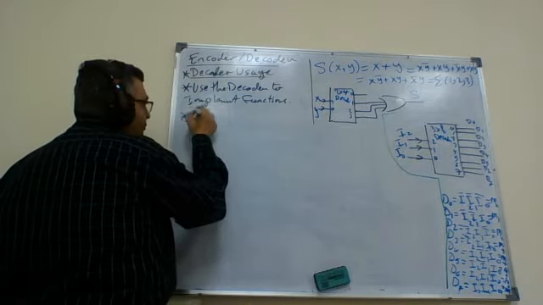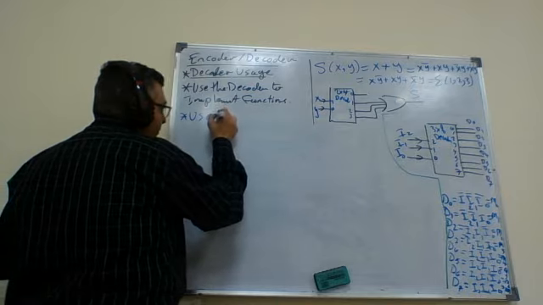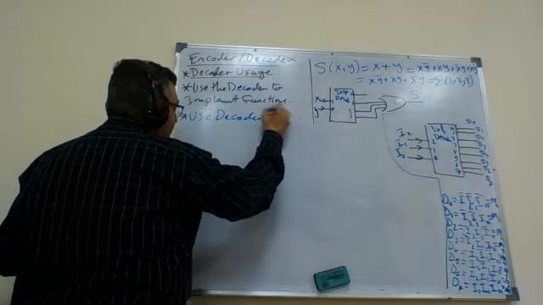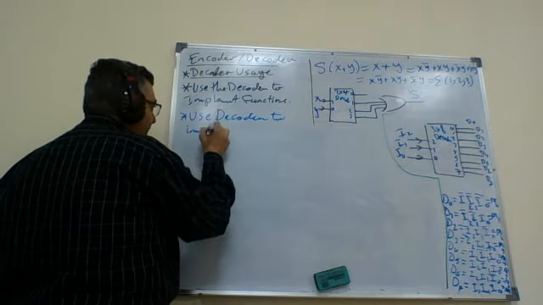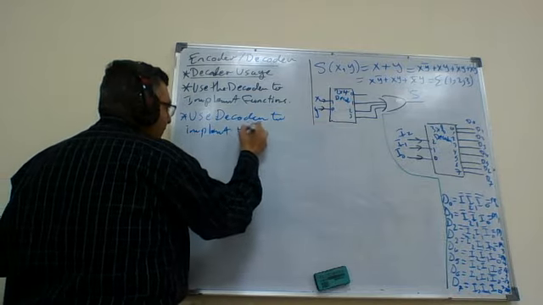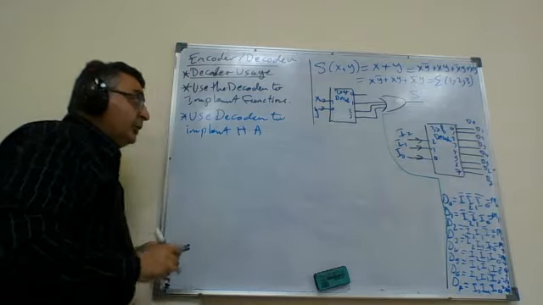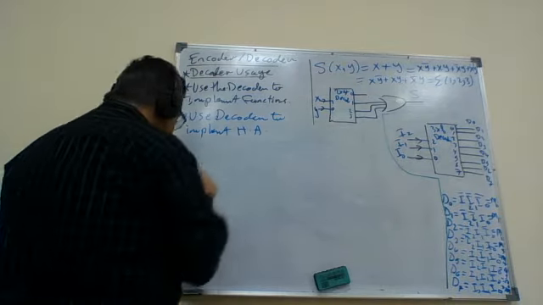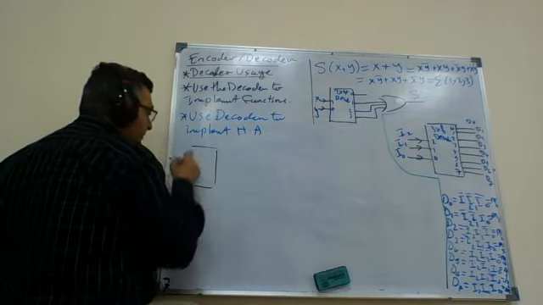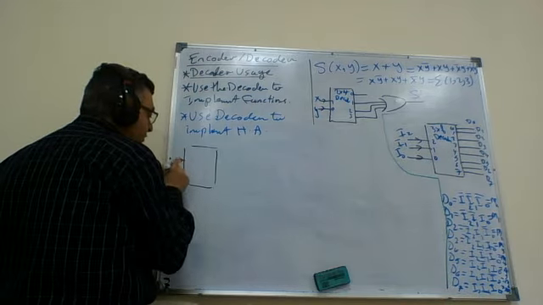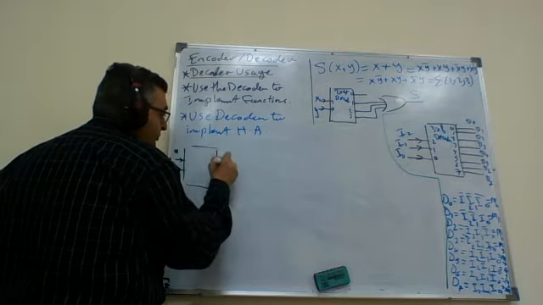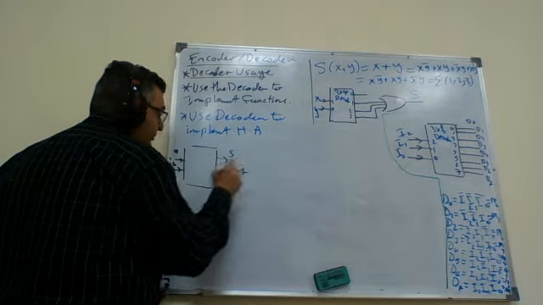Use a decoder to implement a half adder. You still remember the half adder? Yes, the half adder is a circuit that has two inputs, A and B, and two outputs, S and C out.